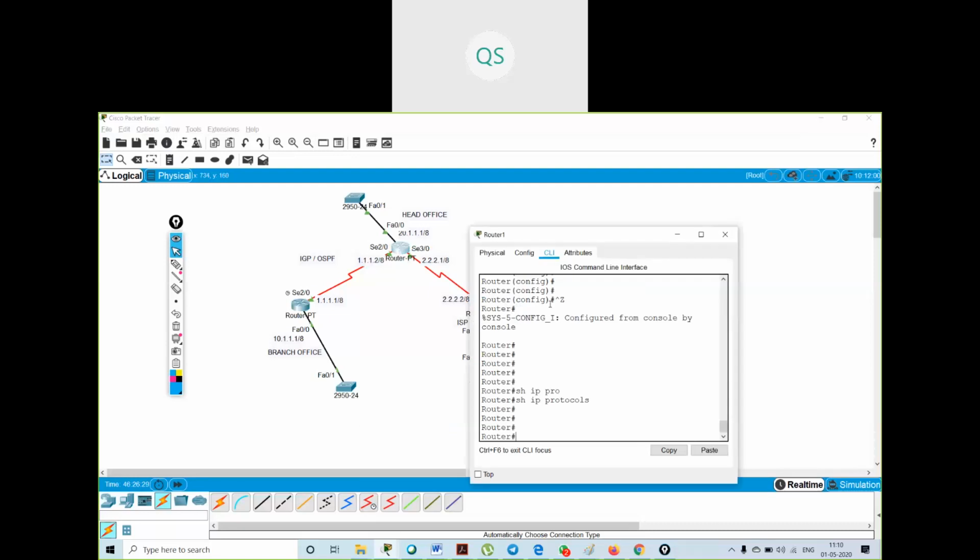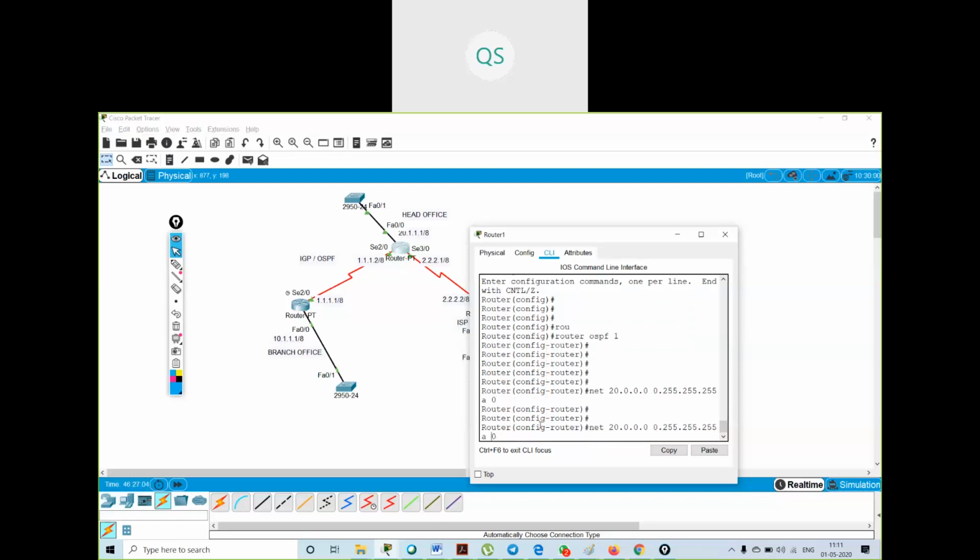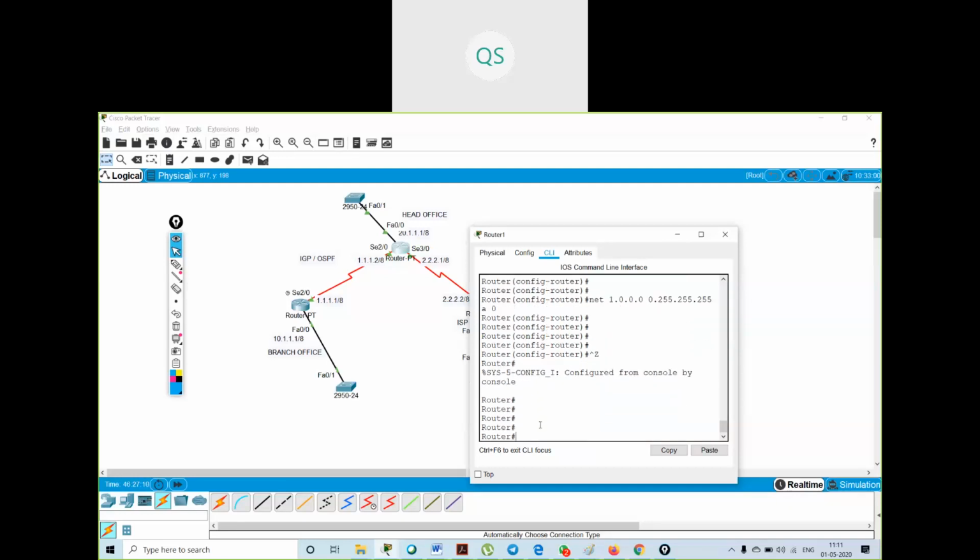Now I will go to the head office and configure over here also. Router OSPF 1, network 20 dot network in the LAN, and 1 dot network in the WAN.